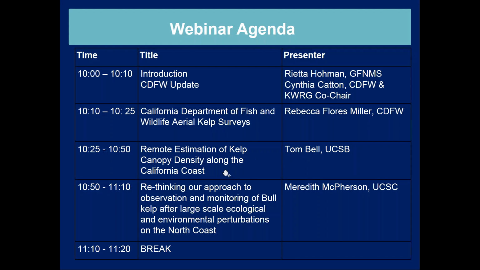She's looking at a variety of remote sensing technology that can be used in Northern California to study kelp, and she'll be discussing how to observe and monitor bull kelp after large-scale ecological and environmental perturbations on the North Coast.